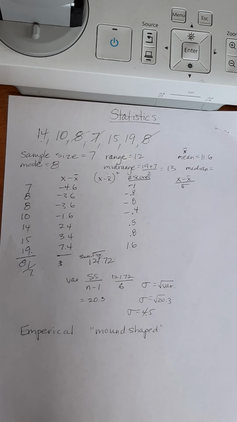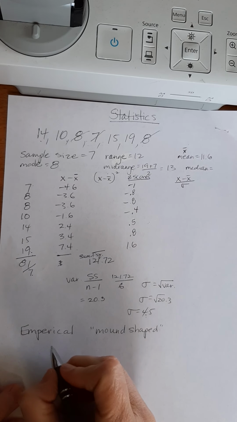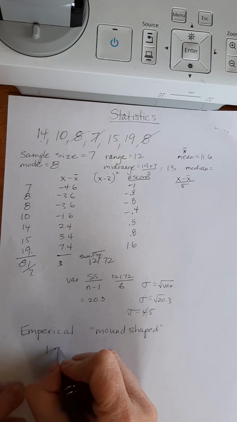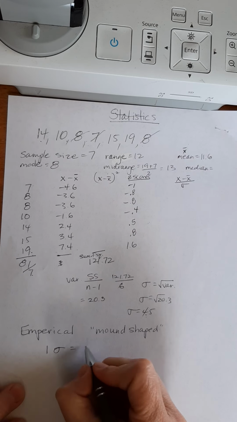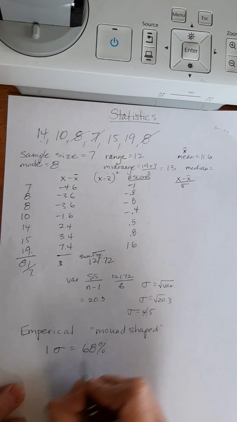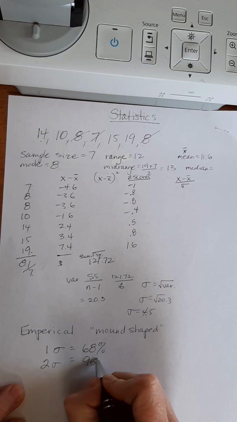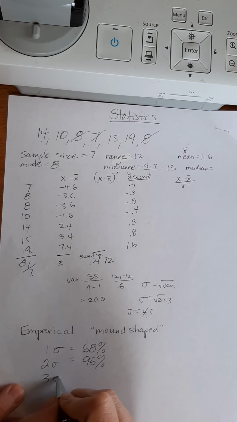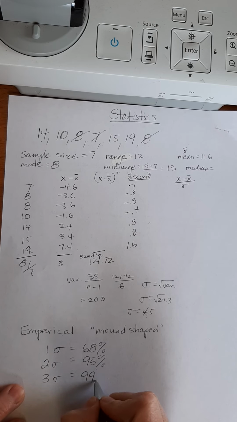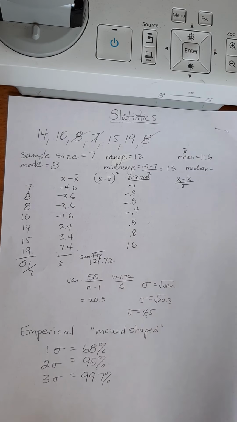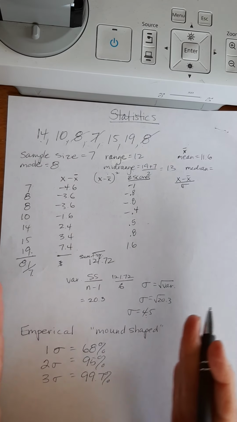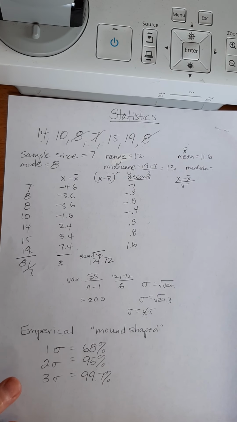But if it's mound-shaped data, the empirical rule will apply. Within one standard deviation is 68% of the data. Between two standard deviations, 95%. 3 standard deviations, 99.7%, will be between those particular data.